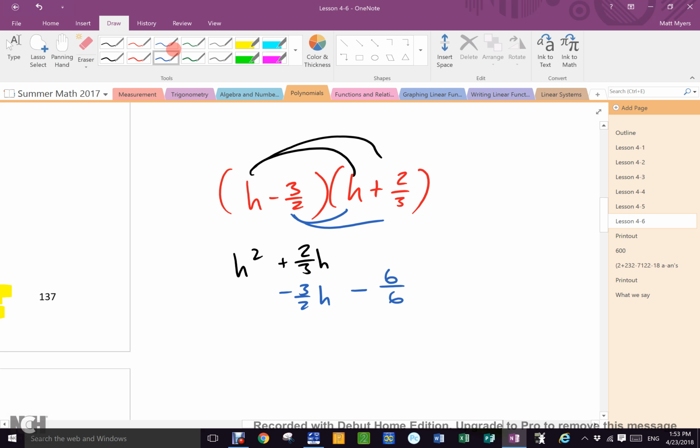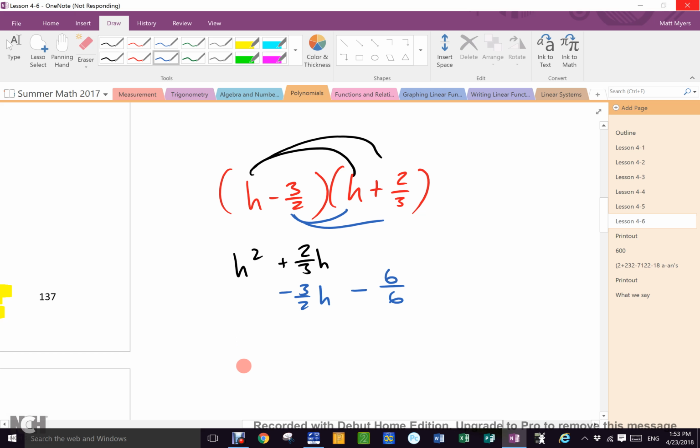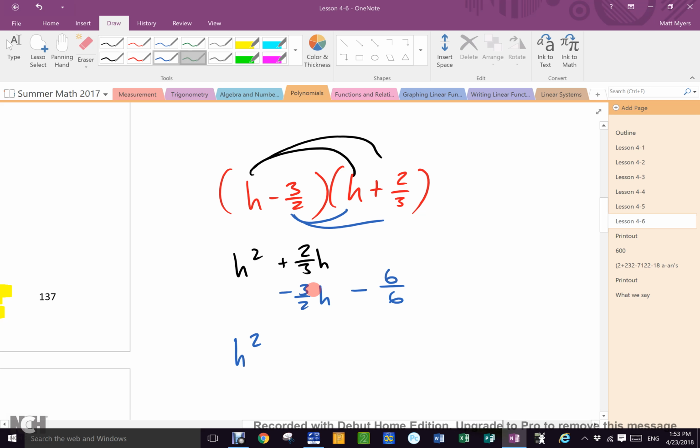So I got h squared plus nothing. Now, 2/3 minus 3 halves is the same as 4/6 minus 9/6, correct? 4 minus 9 is negative 5/6 h, right? Minus 6/6 is 1, correct?